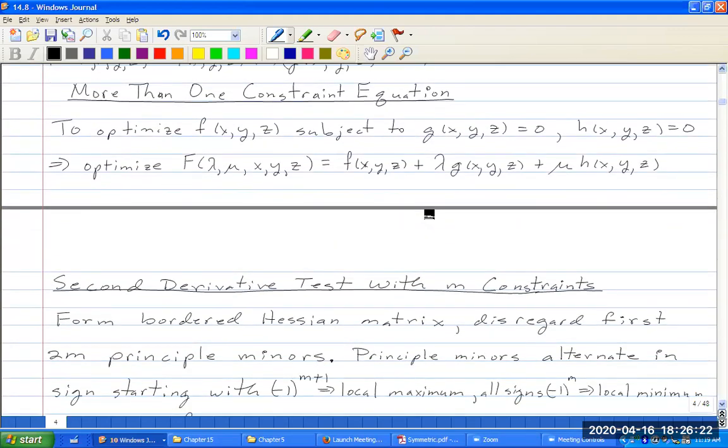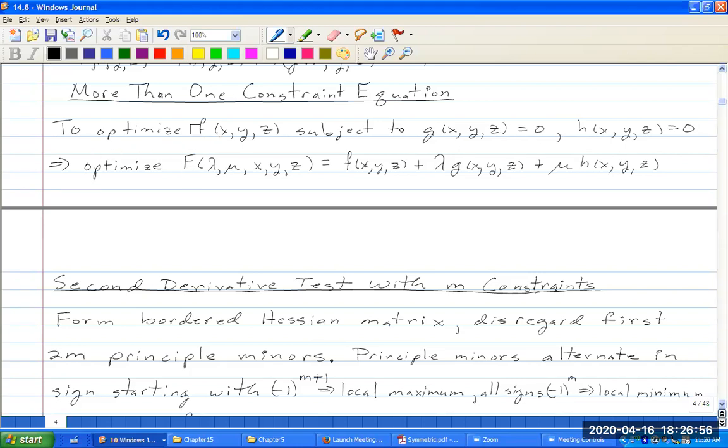So let's look at more than one constraint. To optimize f of x, y, z, subject to the constraints g of x, y, z equaling 0, and h of x, y, z equaling 0. So now the kernel would be where it happens at the 0 set.